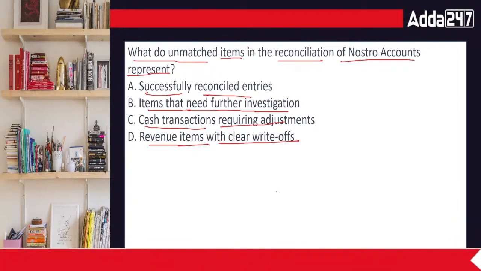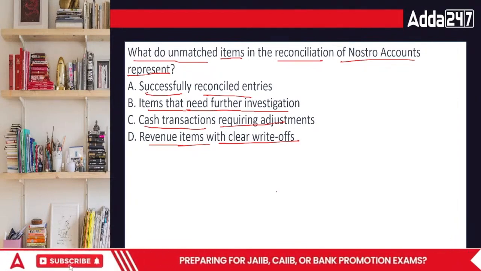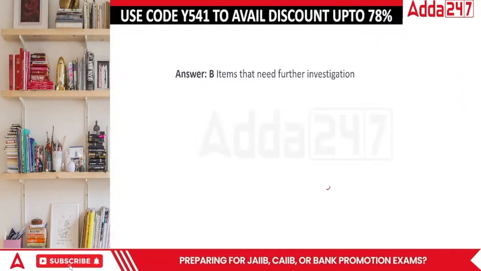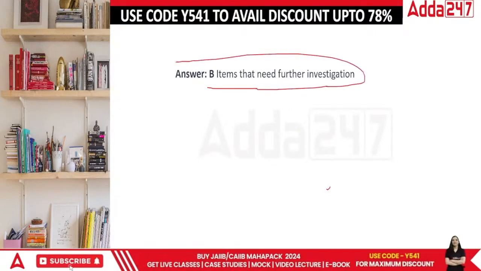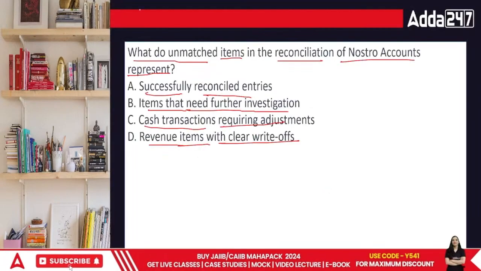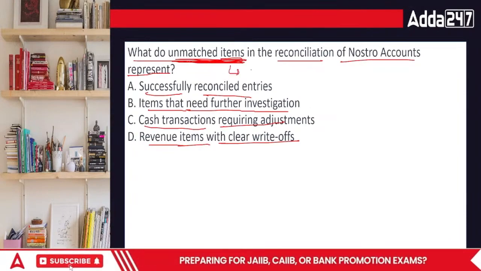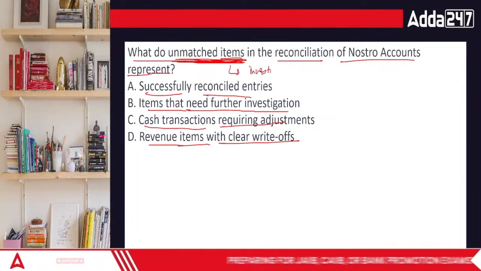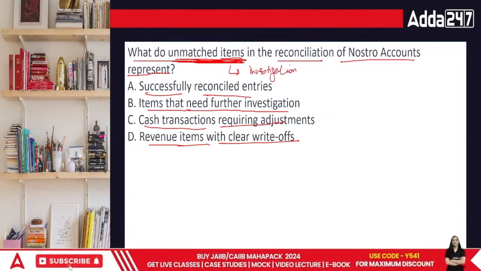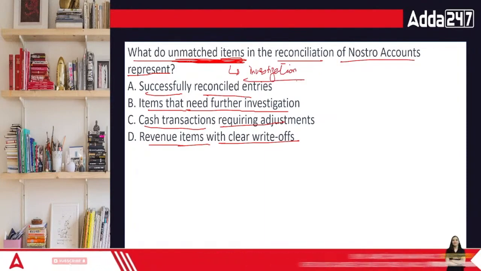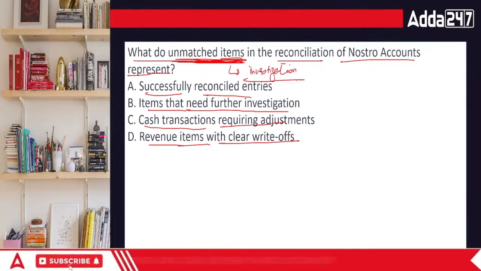When we have any unmatched transactions, that simply means we need items that need further investigation. If there is anything unmatched, that has to go through investigation. Without it, it is not possible to find out the problem and eradicate the same from our business. Right? So items that need further investigation.